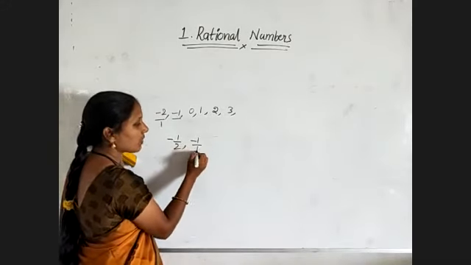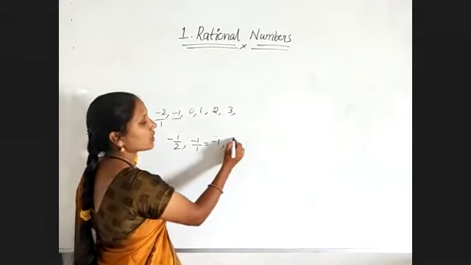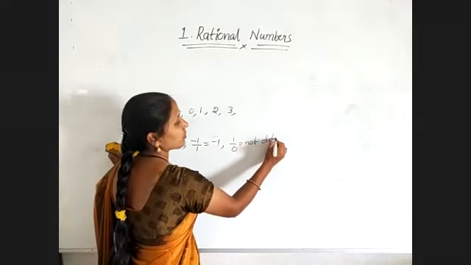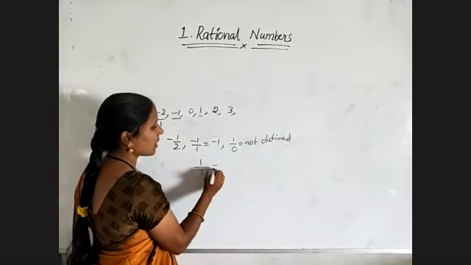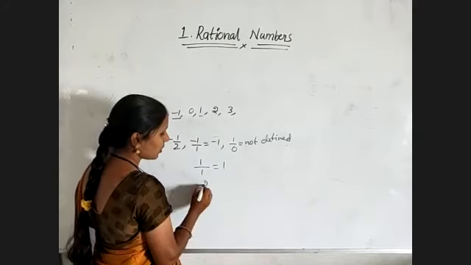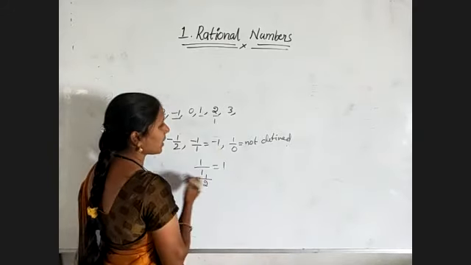Minus 1 by 1, that is nothing but minus 1 only. And the reciprocal of 0 is 1 by 0, not defined. The reciprocal of 1 is 1 by 1, so that is 1. The reciprocal of 2, which is 2 by 1, is 1 by 2.